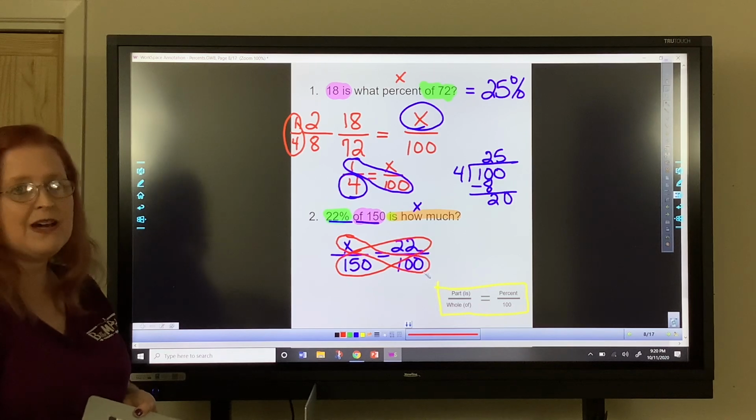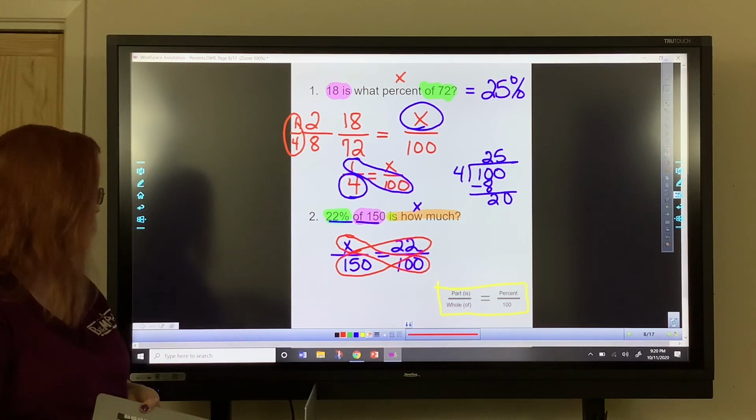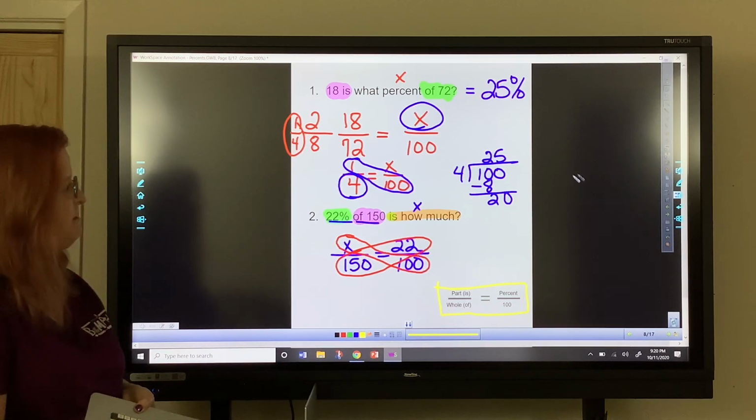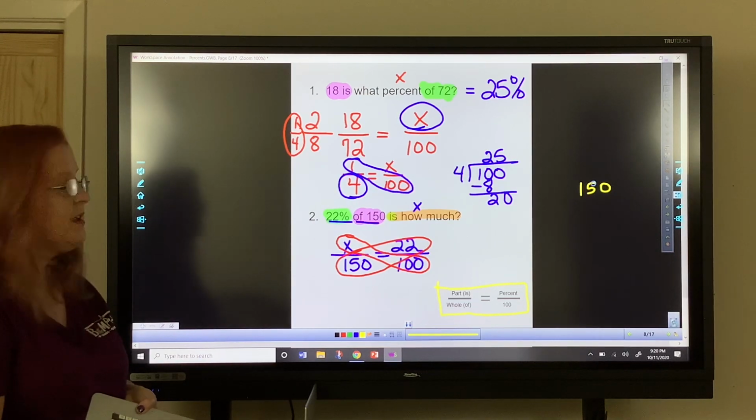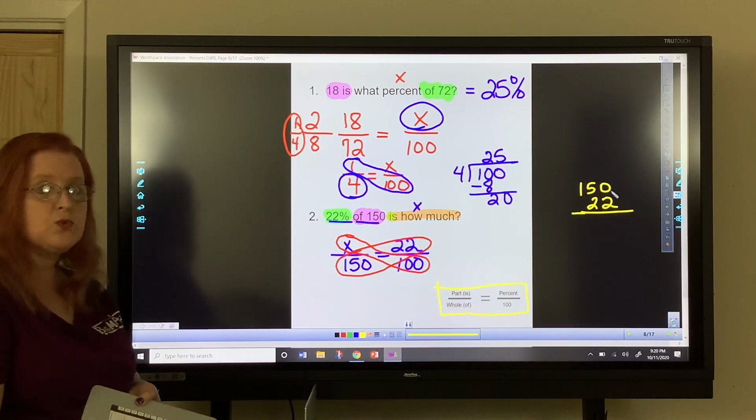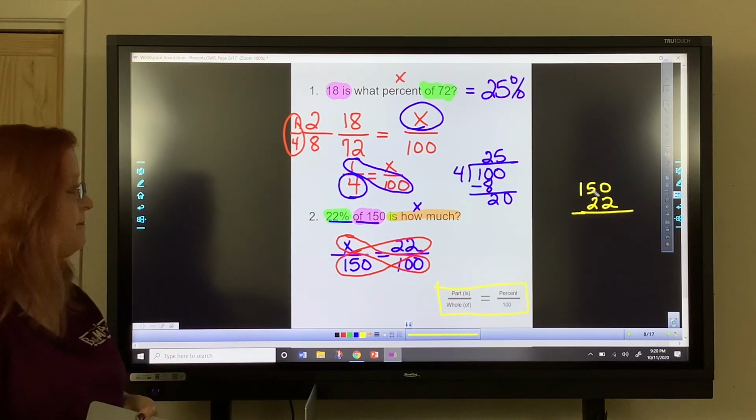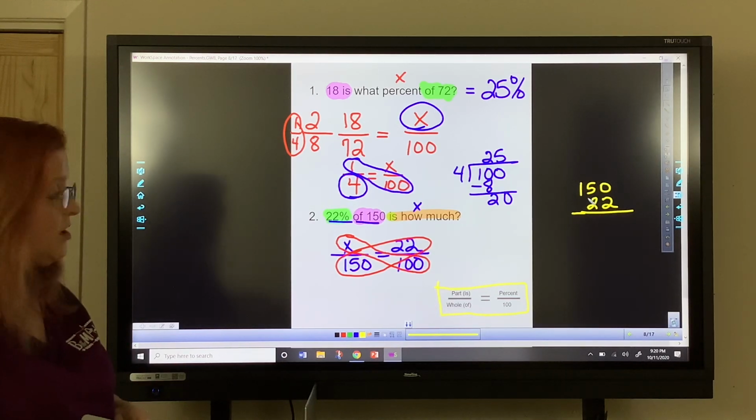Well, in this case, dividing by 100 is easy. So let's multiply 150 times 22. Now, I put the 150 up top because it's easier to multiply 3 digits by 2 digits when the 3 digits are on top.